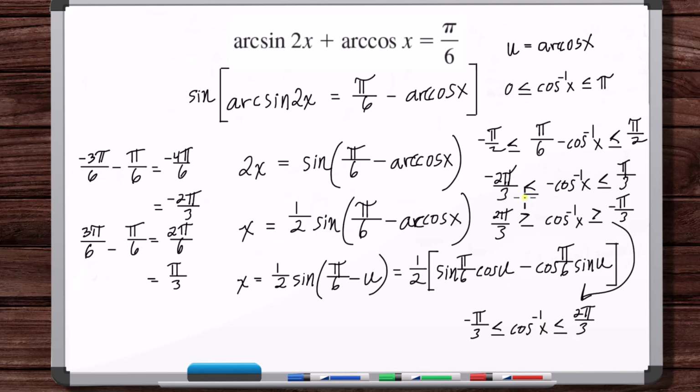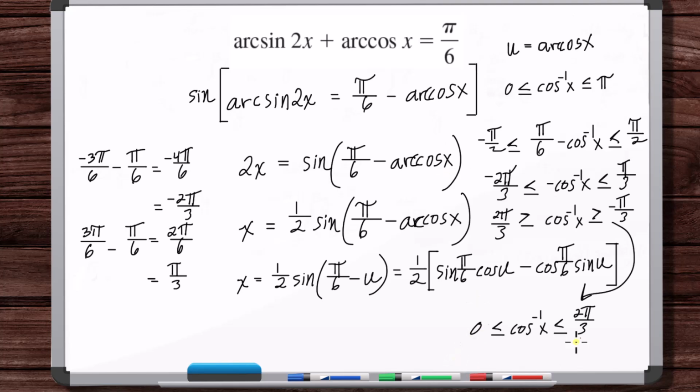But we know that arc cosine of x can't be negative, so we can combine these two. We know this will never be negative anyway. So the idea is that this specific arc cosine of x, in the context of this problem, can only be something between 0 and 2 pi over 3.